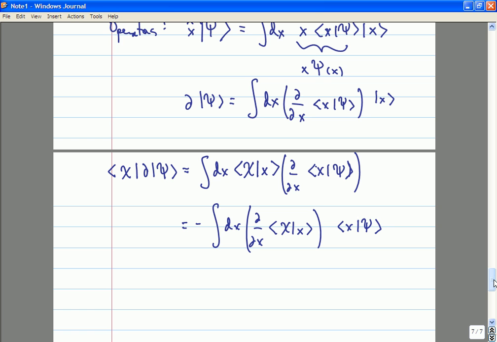And then I can notice that this is just minus the complex conjugate of the matrix element of the operator delta between the bra psi and the ket chi.